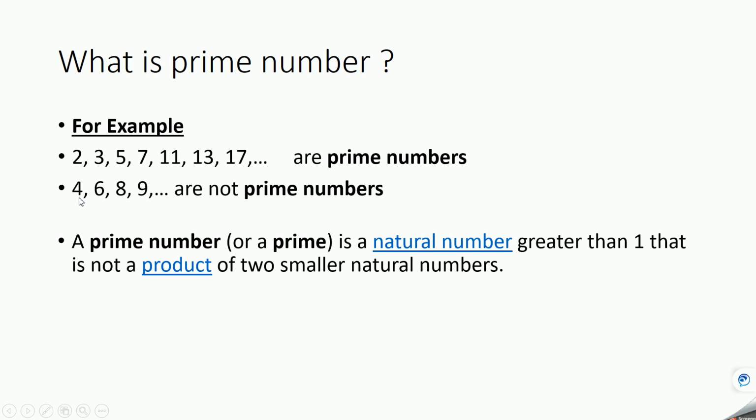If you see 4, it is a product of two numbers, like 2 into 2. 6 is a product of two numbers, like 2 into 3. So these are not prime numbers. It should not be a product of two numbers. That's why these are prime numbers and these are not.